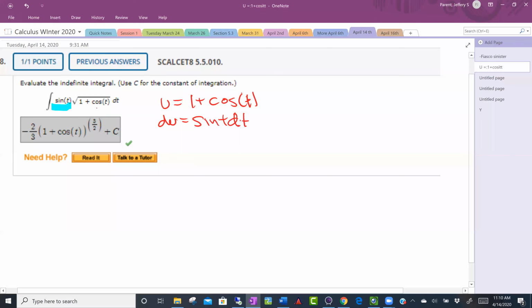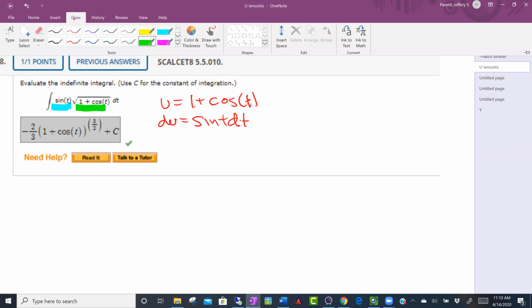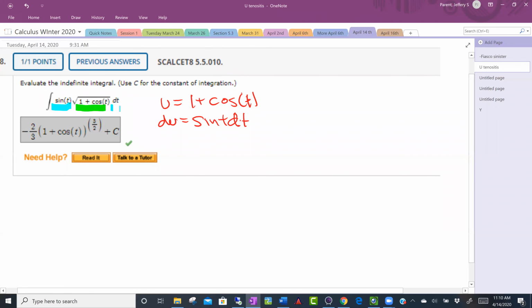So let me erase that a little bit. That's my u. But what I have underlined in blue, that's my du term. And that's perfect because that's all right here. So I can replace this with the integral of, let's see.